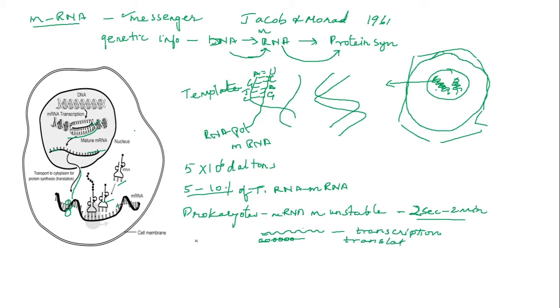That is, as the mRNA strand is being formed, it is also decoded for protein synthesis. That is, formation of mRNA and formation of proteins occur side by side, because it is very short-lived in prokaryotic organisms.